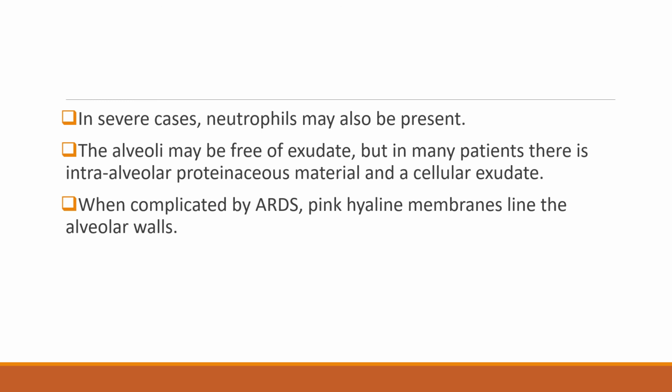The alveoli may be free of exudate, but in many patients there is intra-alveolar proteinaceous material and a cellular exudate. And when it is complicated by acute respiratory distress syndrome, there is a pink hyaline membrane lining the alveolar walls. There is a separate lecture on acute respiratory distress.